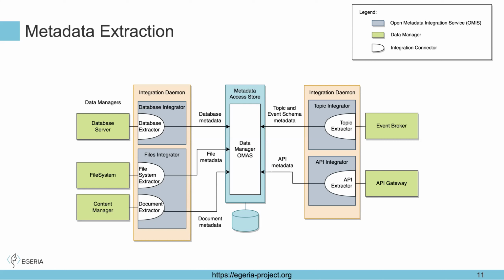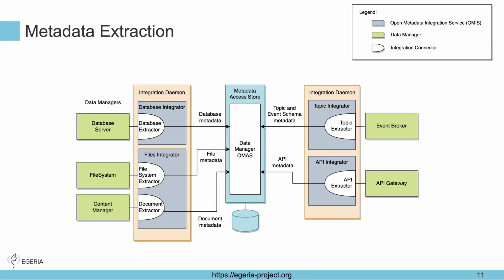Or we might connect to an API gateway or an application that has the open API specification enabled, so we can extract the information about its supported REST APIs and bring that in. And all of those integration services, as you can see, are connecting to the data manager OMAS, which is then able to store it either locally or in another member of the cohort.